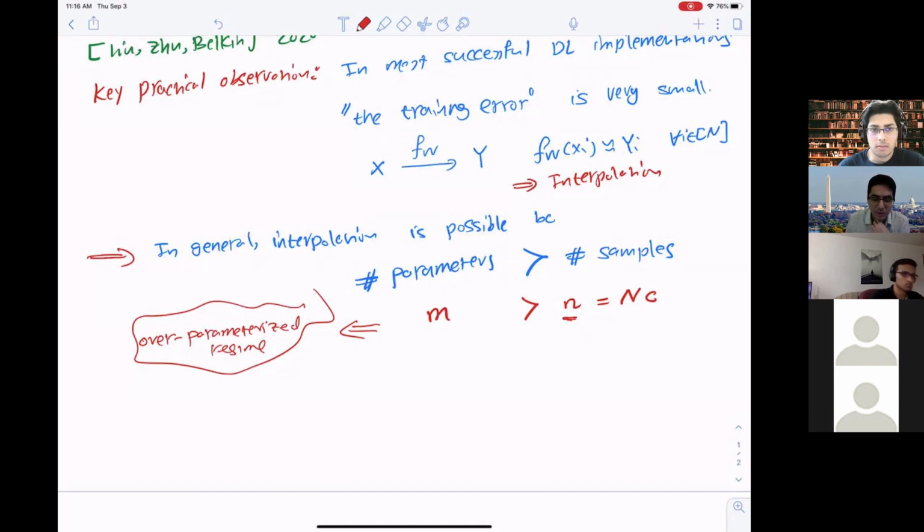All right, so there's another question. Isn't interpolation also a function of, loosely speaking, how difficult the data distribution is? Yes. If you have a simple relationship between your x's and y's, let's say a linear relationship, then you don't need a lot of parameters, right? You can use even fewer parameters than the number of training samples and you will be good to go.